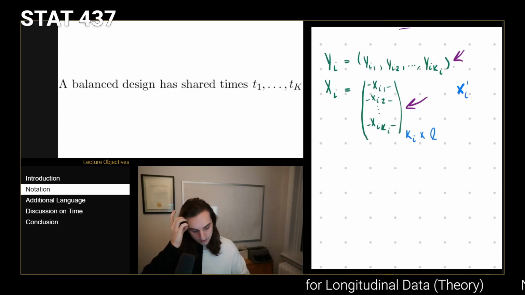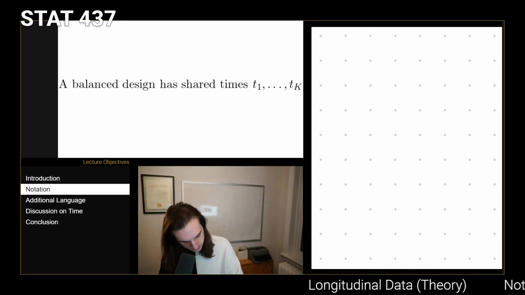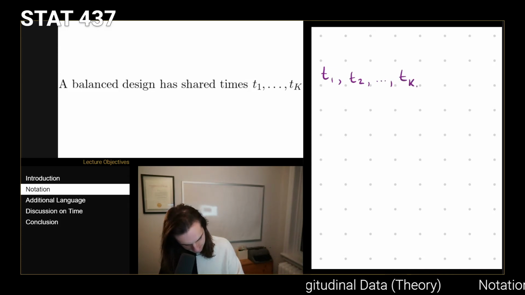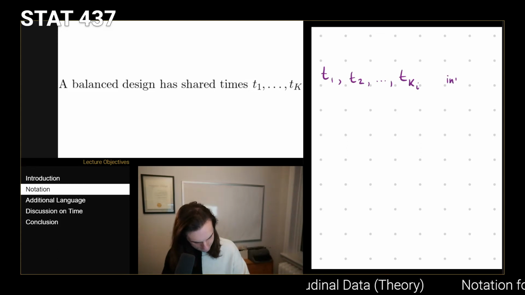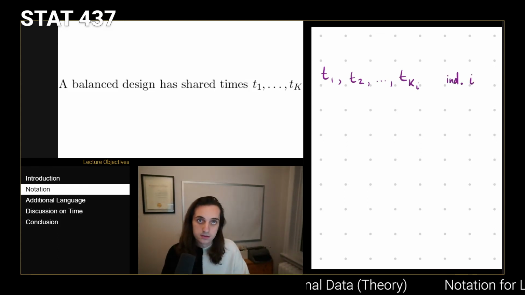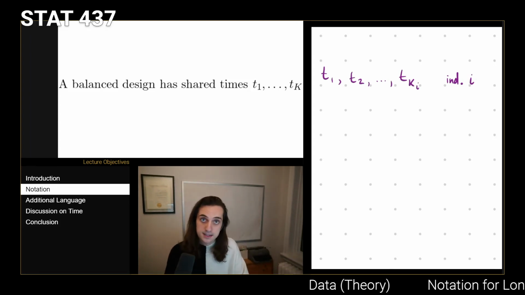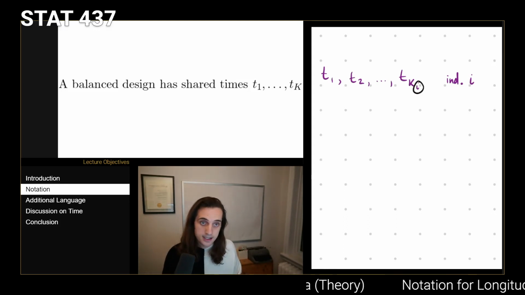I've already indicated that we have these time points, which we would denote t1, t2, up to t_ki. So these represent the time points for individual i. Now, if all individuals had measurements taken at the same times, then we call this design balanced, and we do not need this subscript i anymore.